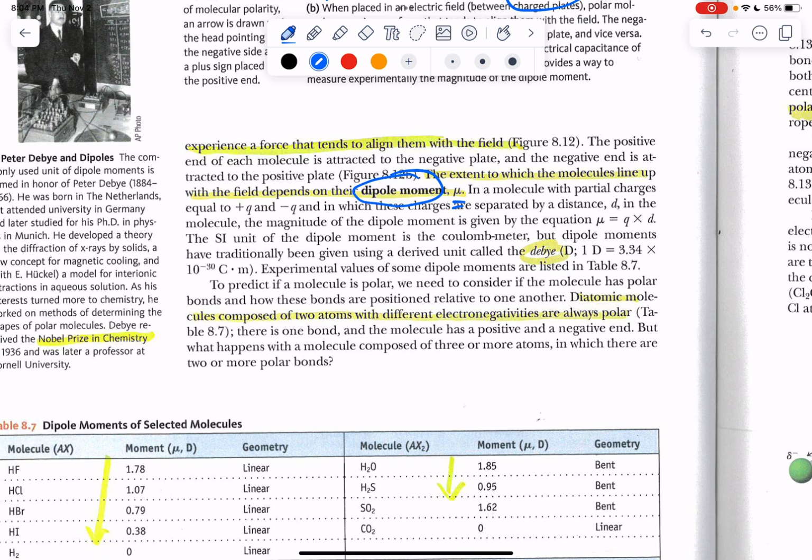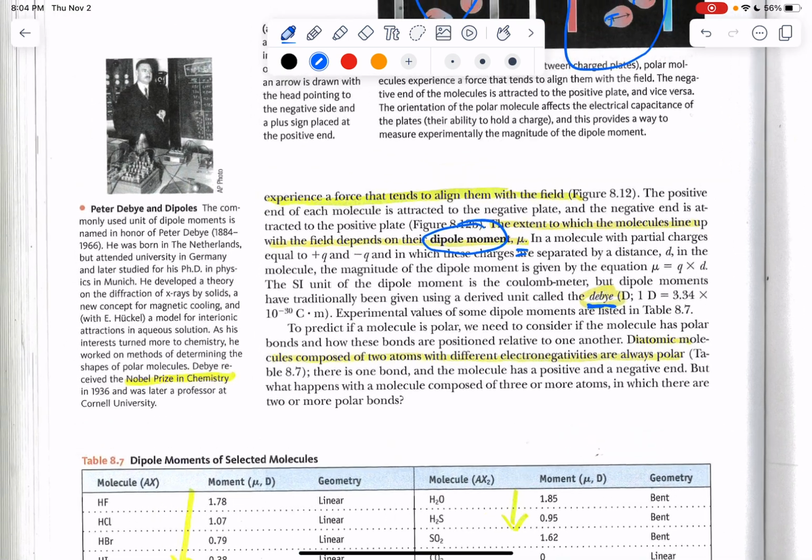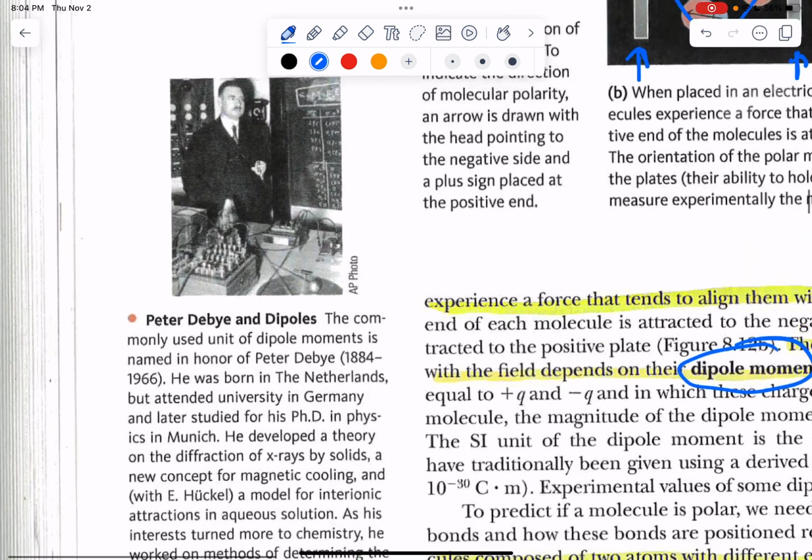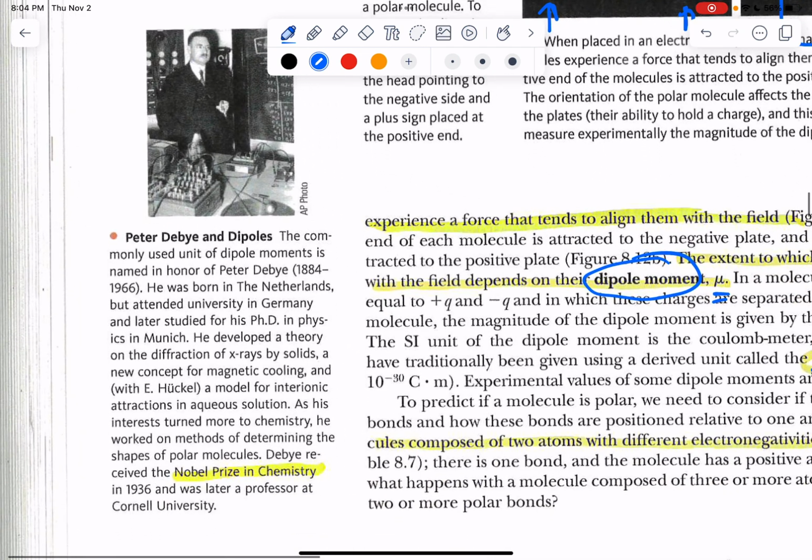And we measure the dipole moment in a unit called the debye, which you've probably never heard of or seen, but it's certainly not in honors chemistry. The debye is named after Peter Debye, and he also got a Nobel Prize in chemistry.